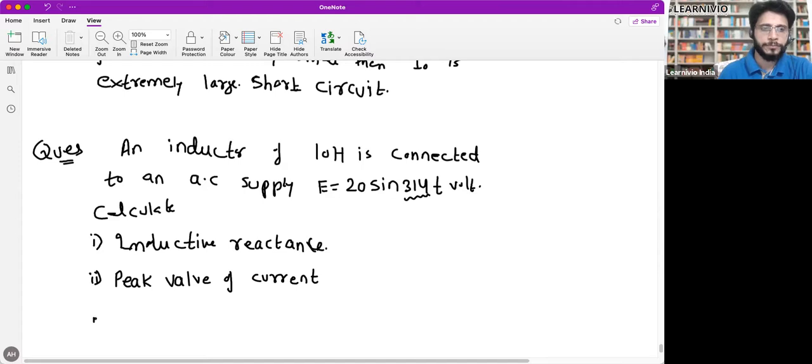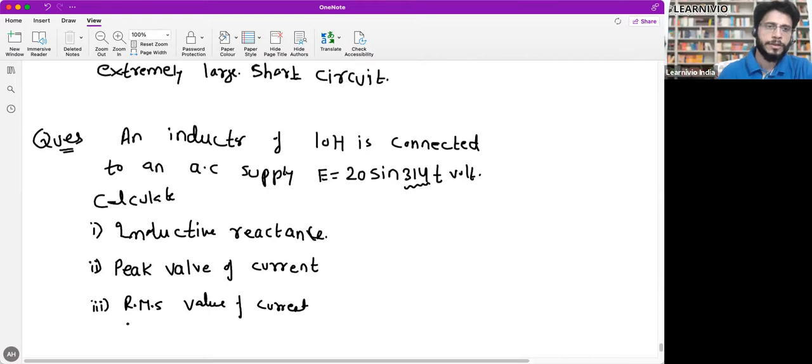Third part: RMS value of current. Then the equation of current.